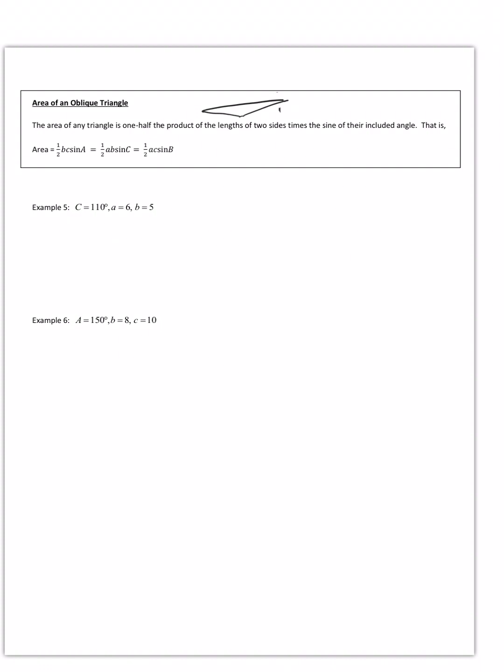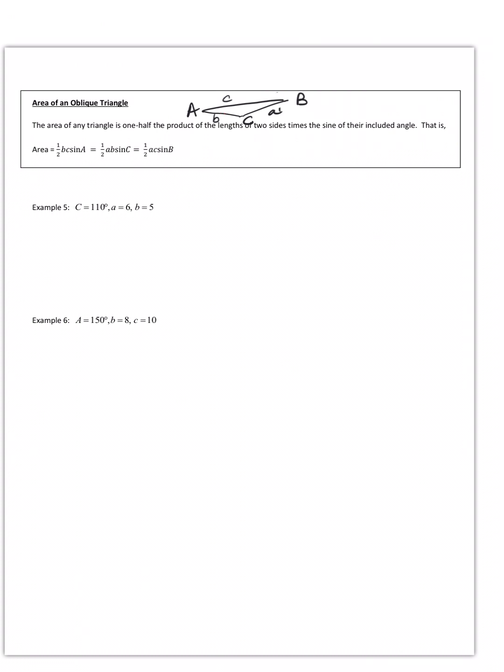So look, if this is A, this is B, and this is C, we know this is little a, little b, little c, right? So notice our formulas. You can use any version of it to find area. Just depends. It's 1/2 the two sides that you know times the sine of the angle between them. So if I know B and C, then I need to be given angle A for this to work.